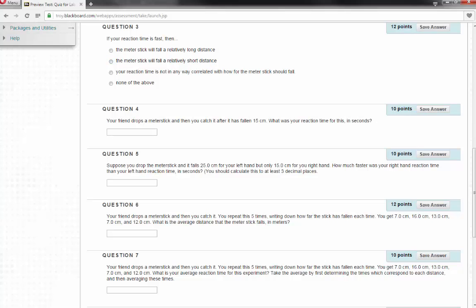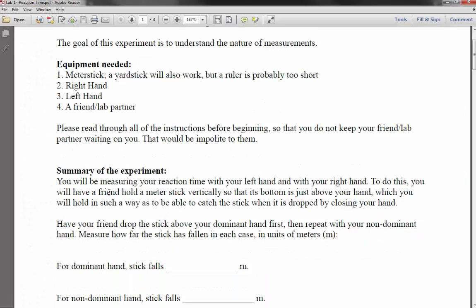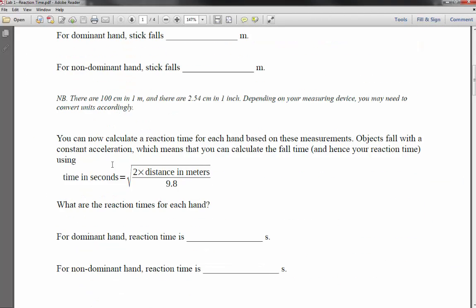Now let's look in the handout, and if we scroll down, it says here's how you can calculate your reaction time. Time in seconds is 2 times distance in meters divided by 9.8. The actual equation, by the way, is given symbolically by something like this.